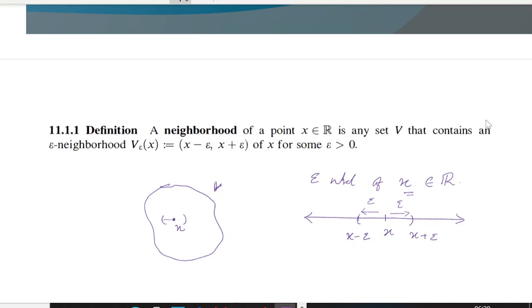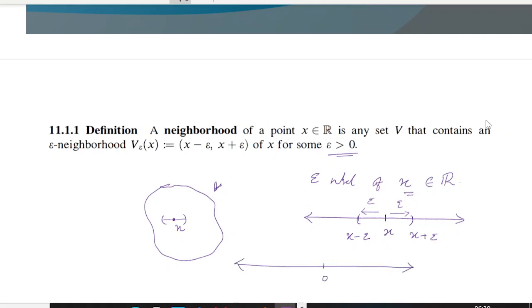A neighborhood of a point x belonging to R is any set V that contains an epsilon neighborhood, that is, V epsilon of x equal to the interval (x minus epsilon, x plus epsilon), for some epsilon greater than 0.